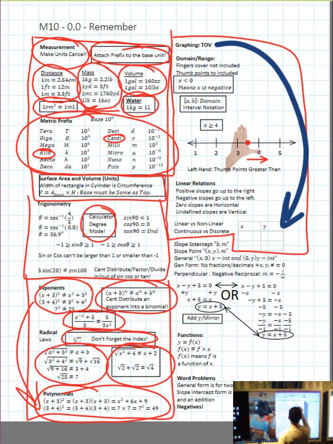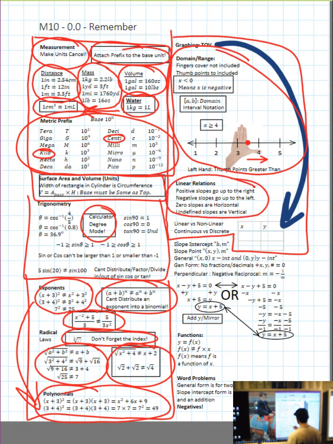Remember, we worked through domain and range, and to use the number line if you like and use your hands. We talked about linear relations and positive slopes and negative slopes and zero slopes and undefined slopes. And we looked at linear versus nonlinear, lines and non-lines, and continuous or discrete.